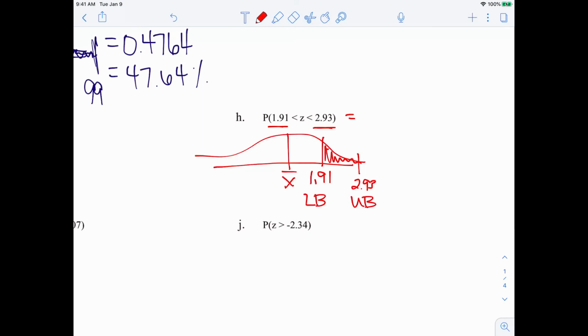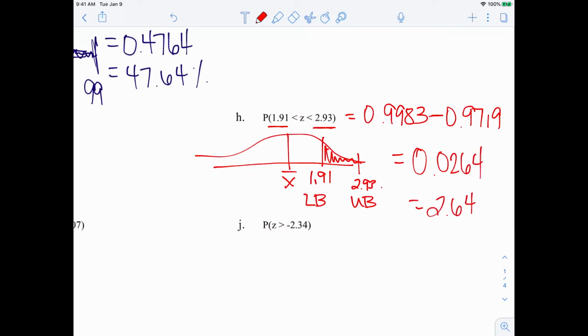So then we're going to subtract those. The probability I got for the 2.93 is 0.9983 minus the probability that Z is less than 1.91, which was 0.9719. When I subtract those, I end up with 0.0264 or 2.64%. And that's your final answer.